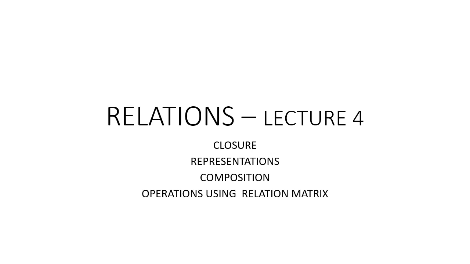Just to have a quick recap, the relation can be reflexive, irreflexive or non-reflexive depending upon whether each element of the set on which the relation is defined is related to itself or not.